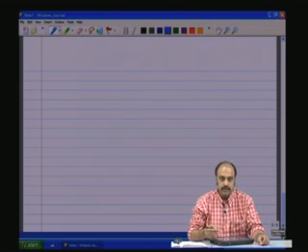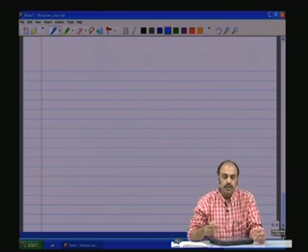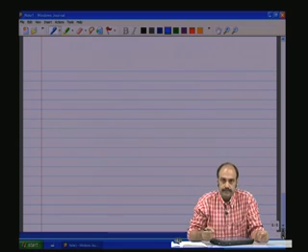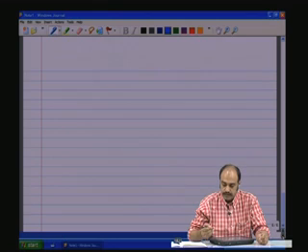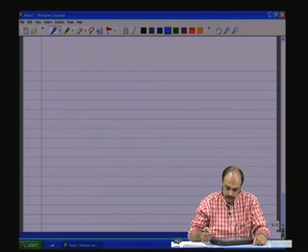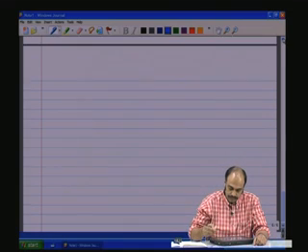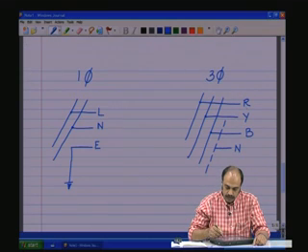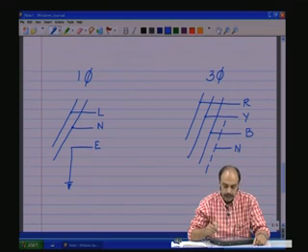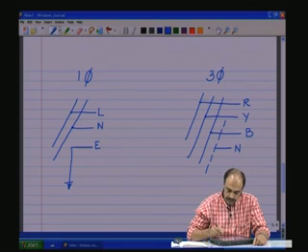Now, let us look at how a 3 phase voltage waveform will look like. That is also a sinusoidal voltage source, but how do they look like together, all the 3 phases put together? In the previous slide here, we saw that you have R, Y, B and the neutral. Let us express the voltages in terms of the voltage with respect to neutral for each.